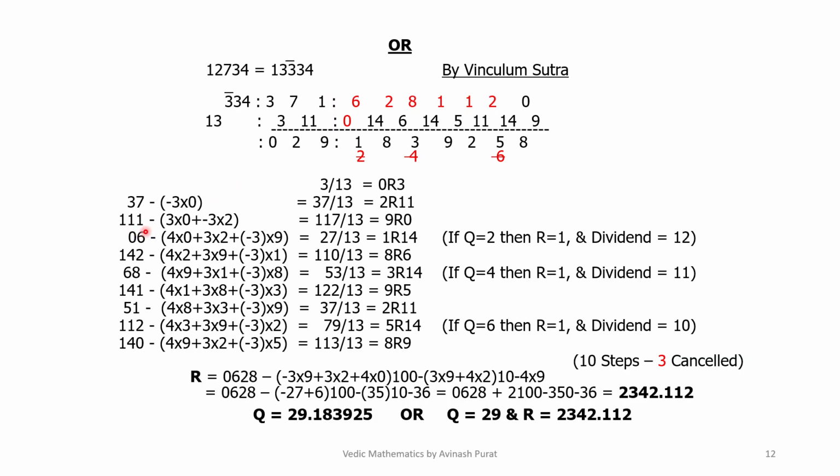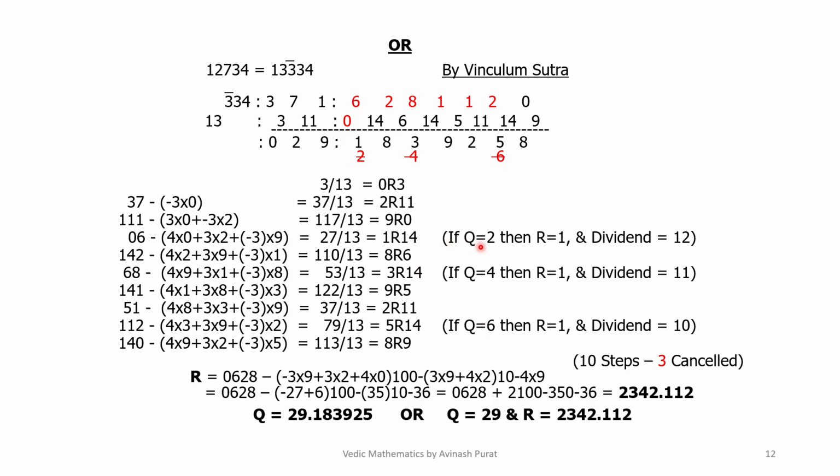So 111 minus 3 into 0 minus 3 into 2, that is 117 divided by 13 equal to 9 quotient and remainder is 0. 06 is the dividend minus 4 into 0 plus 3 into 2 plus minus 3 into 9. So that becomes 27 by 13 equal to 1, and the quotient is 1 and remainder 14.